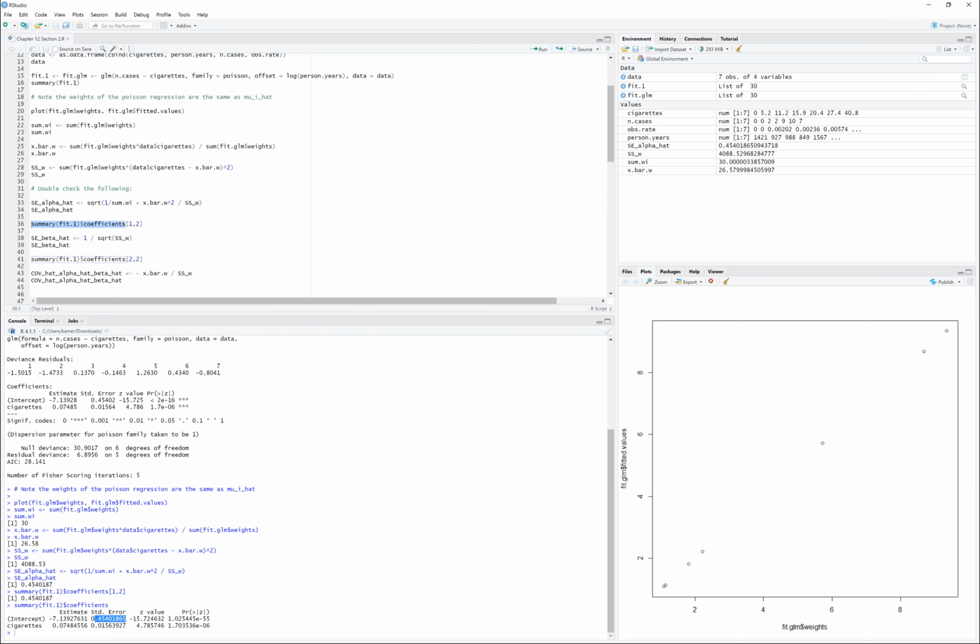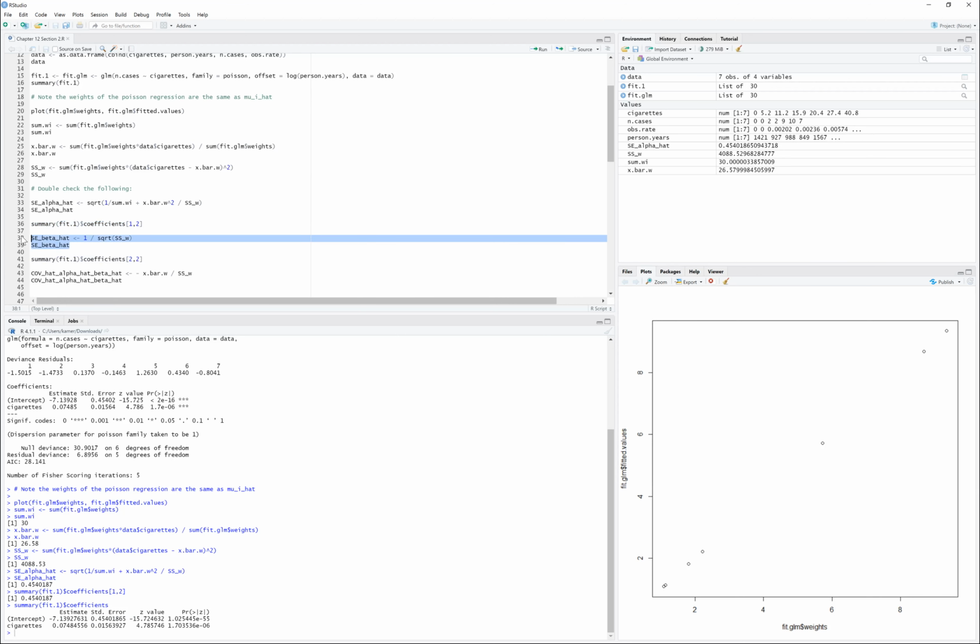So I'm saying give me the standard error. That's the same value as the equation we just plugged in using 12.15, okay? And the standard error associated with cigarettes, the coefficient for cigarettes, is 0.0156. Using equation 12.16, that's 1 over the square root of SSW.